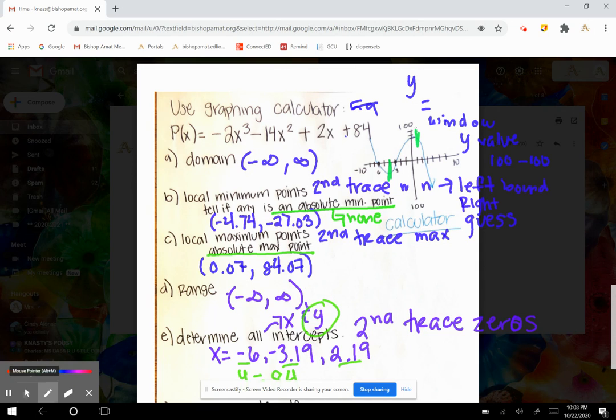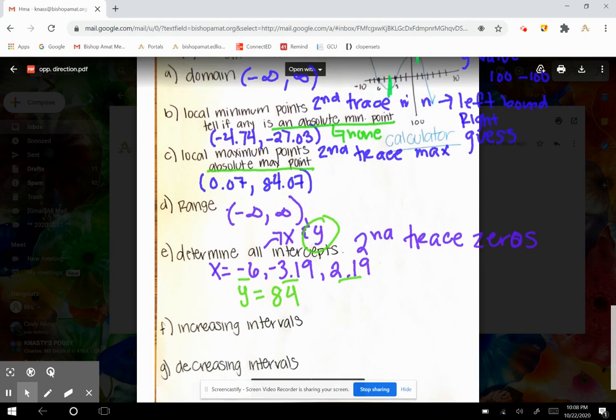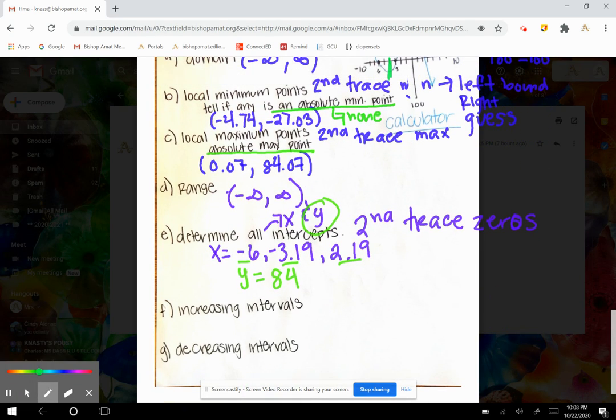Okay, so again, use your calculator, right? So that increases at -4.74, 0.07. Okay, that's your increase.